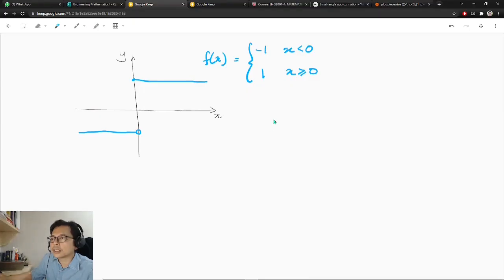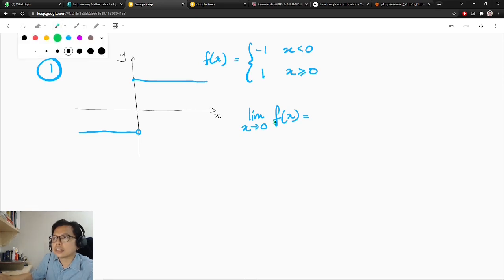So the question is, what is the limit of this function when x approaches 0? Question number 1. The answer is: does not exist.